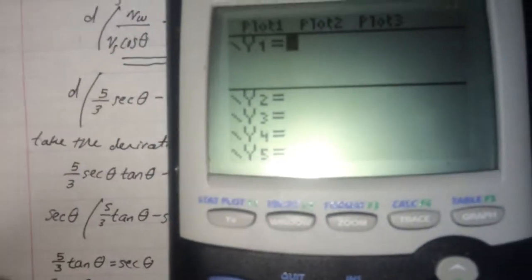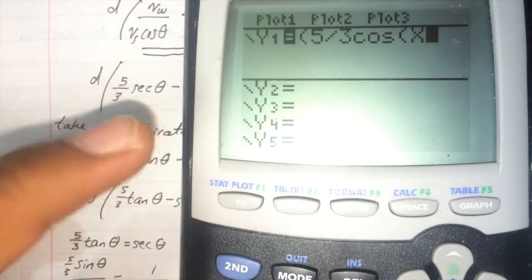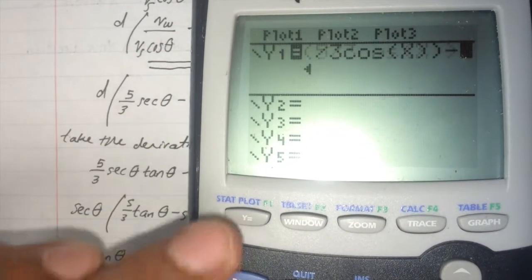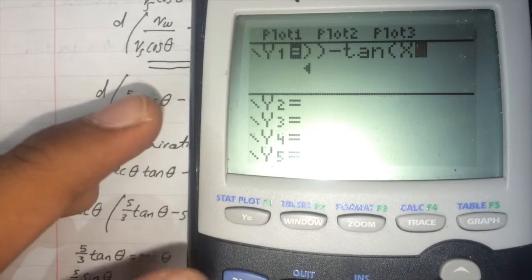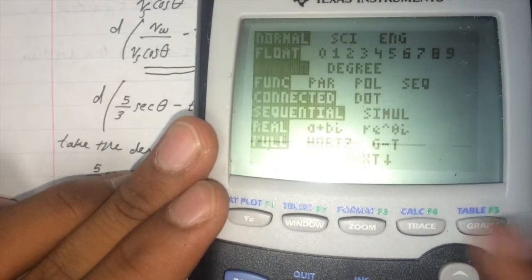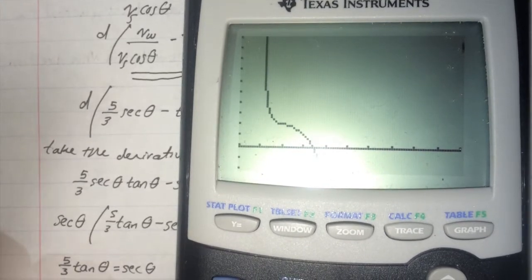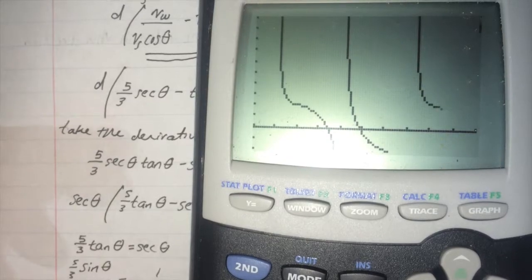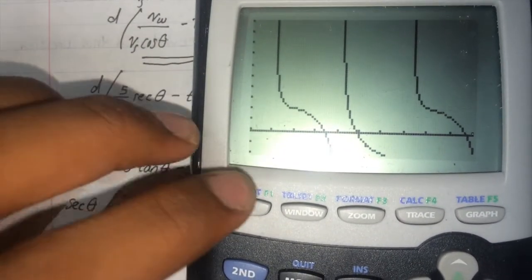We can do 5 divided by 3 cosine theta, minus the tangent of that. I'm going to just shift the mode real quick to radian. I'm going to graph that. Alright, so we want it where it is minimized, pretty much. So we're going to set the window right here.